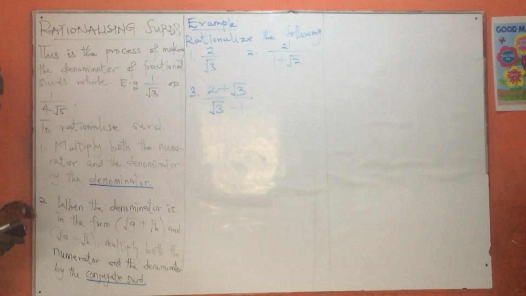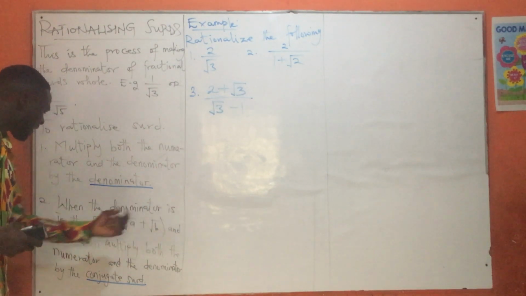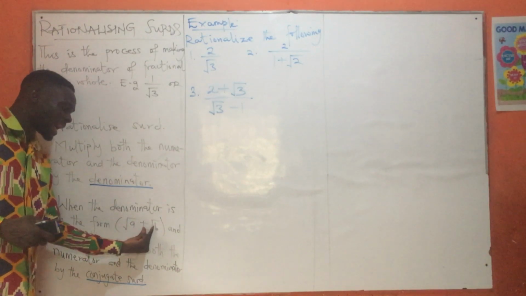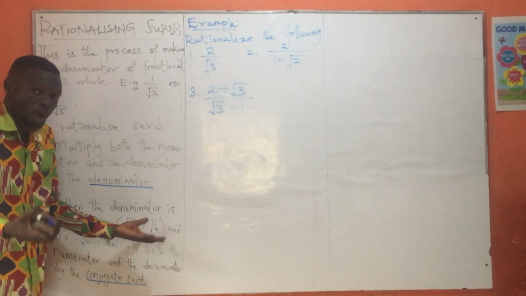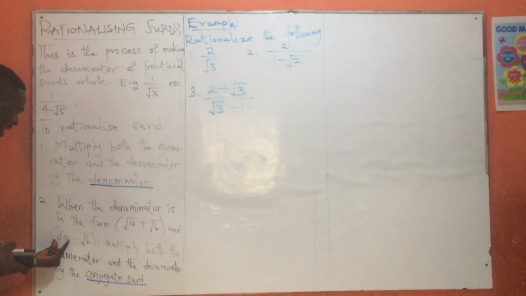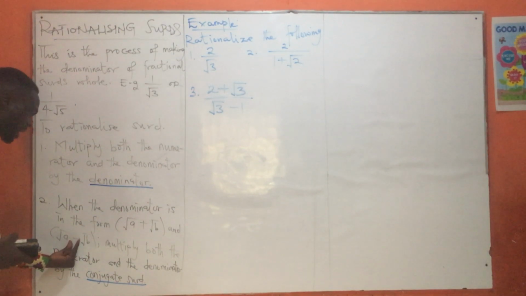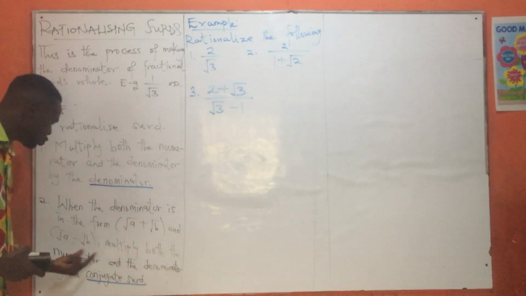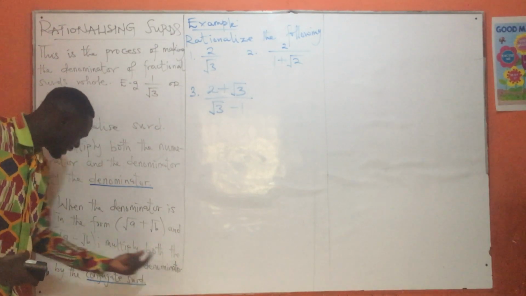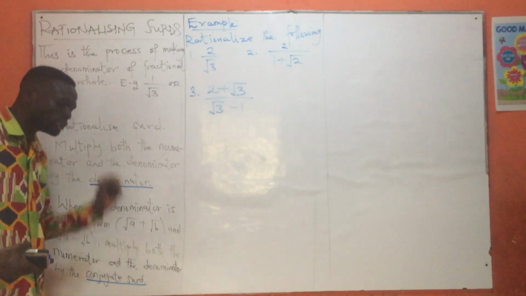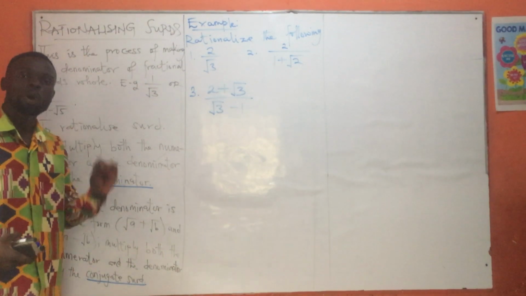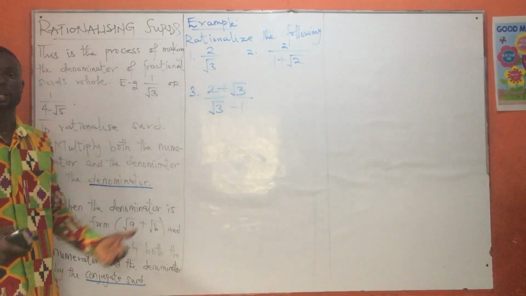Now to do this, it says that when the denominator is in the form root a plus root b, or if it is in the form root a minus root b, then we are going to multiply both the numerator and the denominator by the conjugate surd.